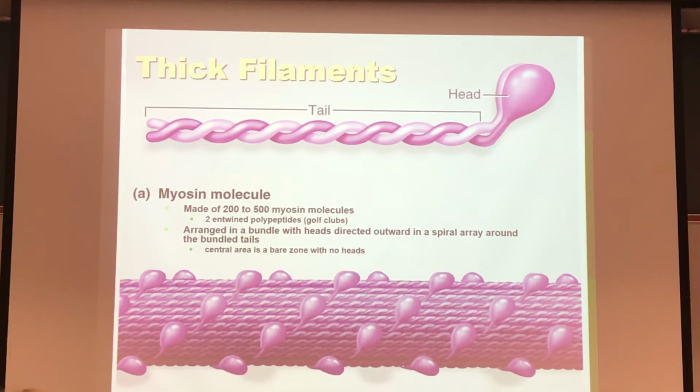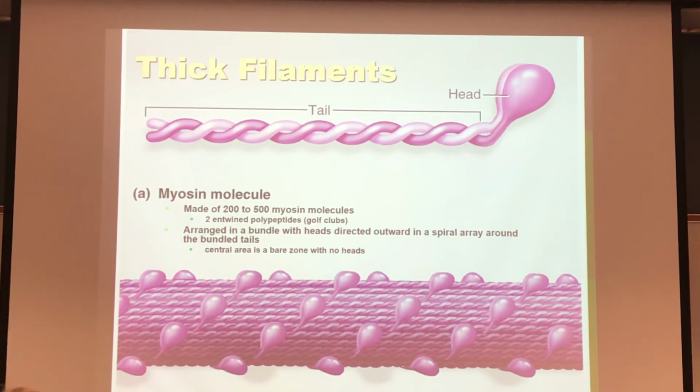A golf club. So you can see that it has this long polypeptide tail and then the head of the golf club. And you can see the arrangement in a muscle cell. This myosin molecule is really hundreds, if not thousands, of these golf clubs with their heads sticking up.